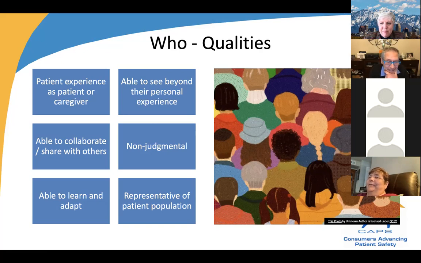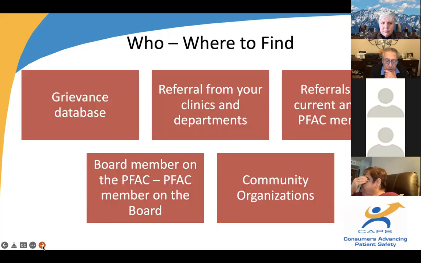No, definitely you don't want those. And they have to be able to learn and adapt to the organization's needs as well. And then you want to get representative of the population that you serve. It's really, really important so that you would have diversity in the council that you're building.